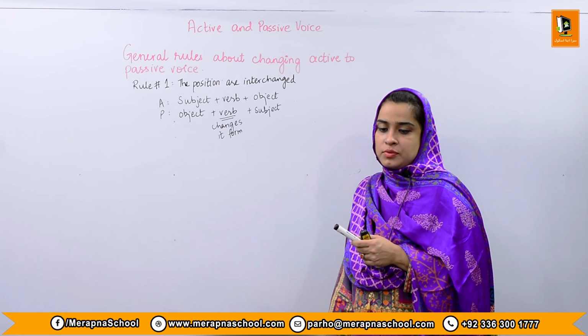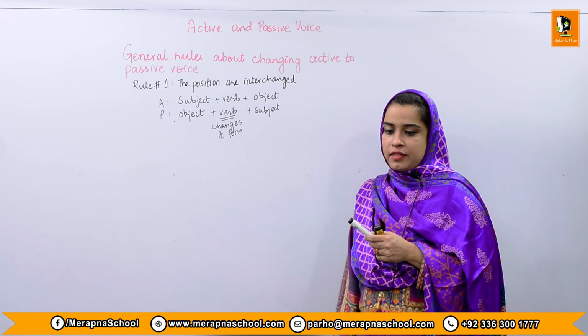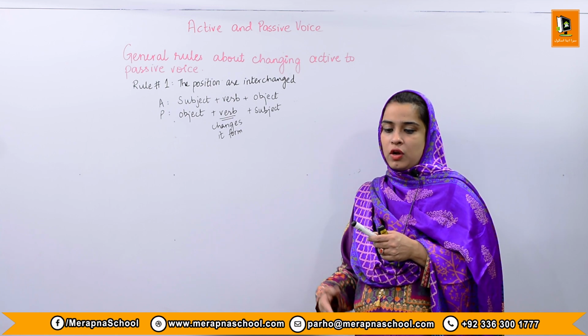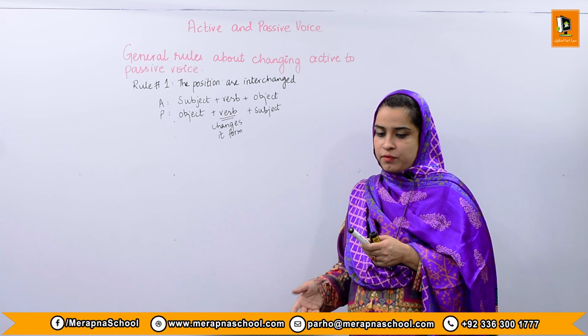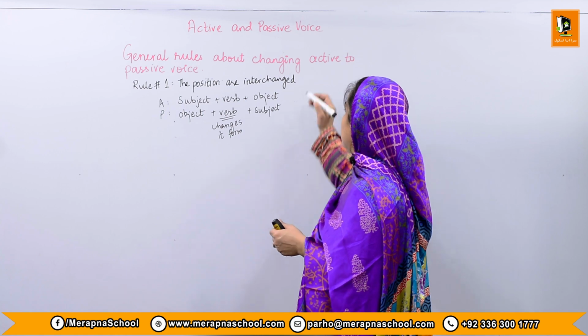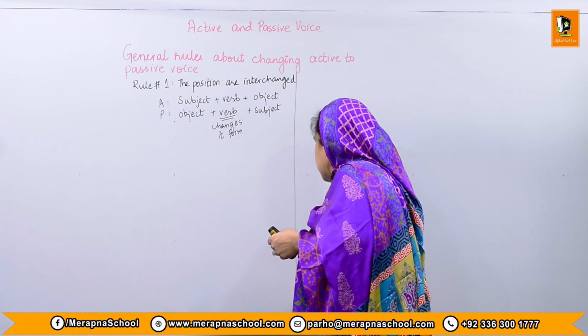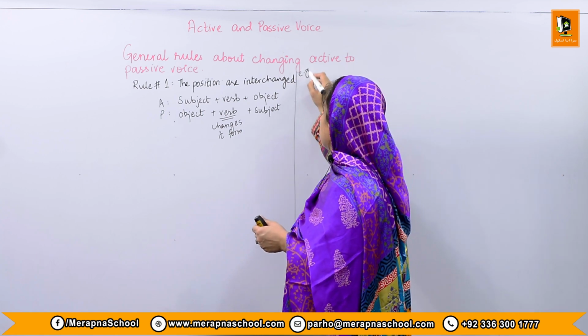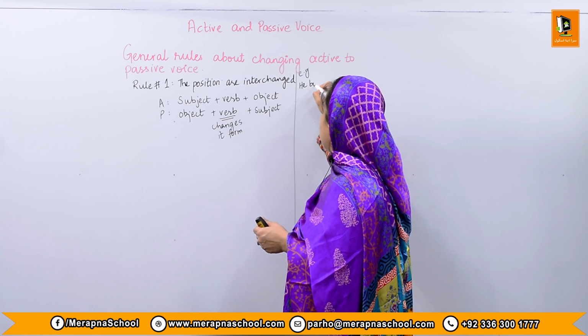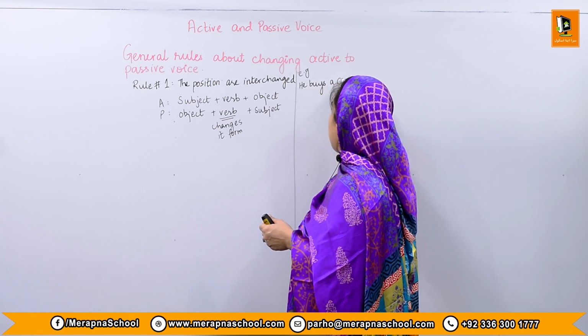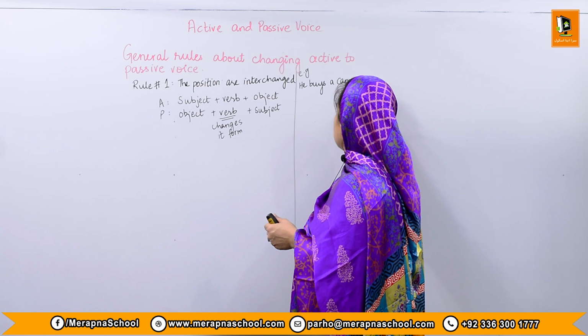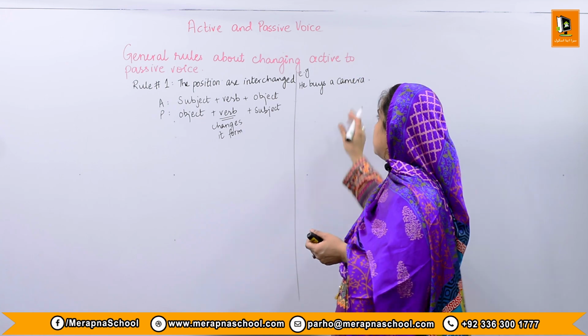The places of the subject and object will be interchanged. The subject will shift to the place of the object and the object will take the place of the subject in the passive voice. Let's take a small example over here. Example: he buys a camera. Simple. Let's change the position.